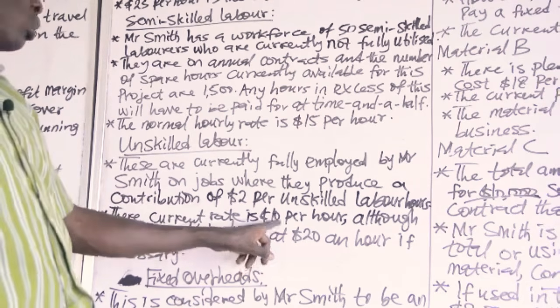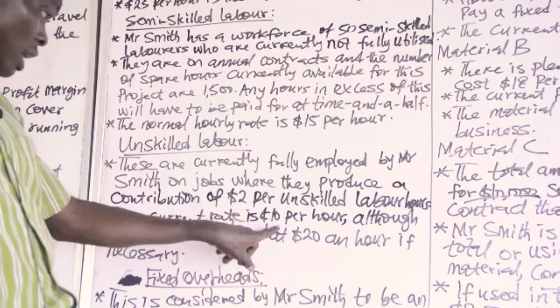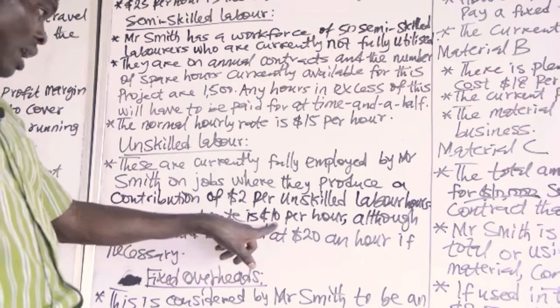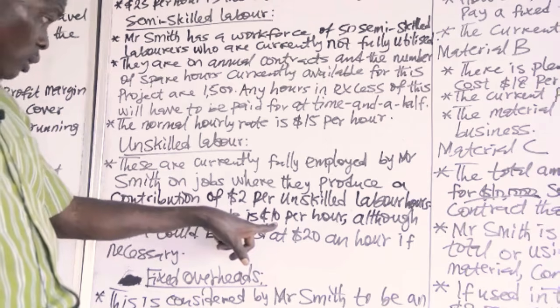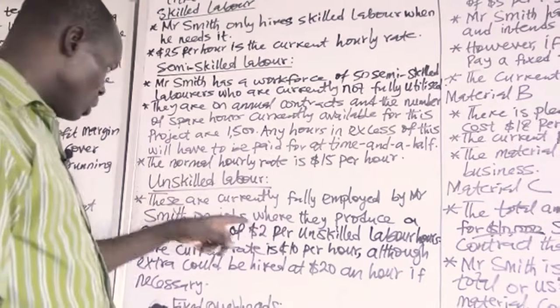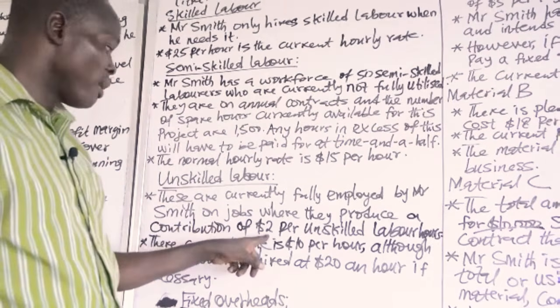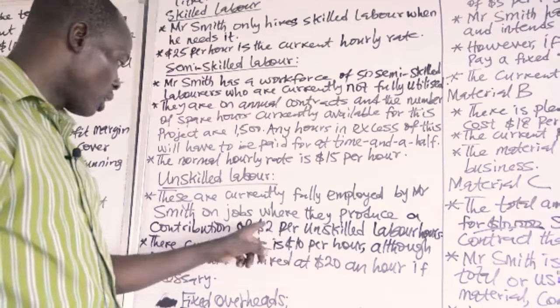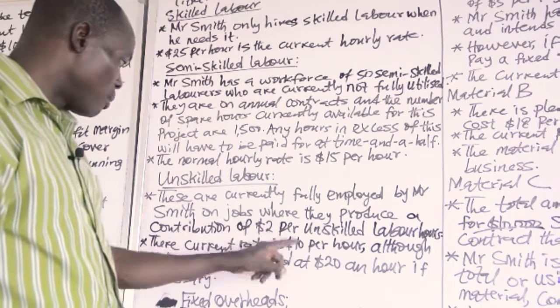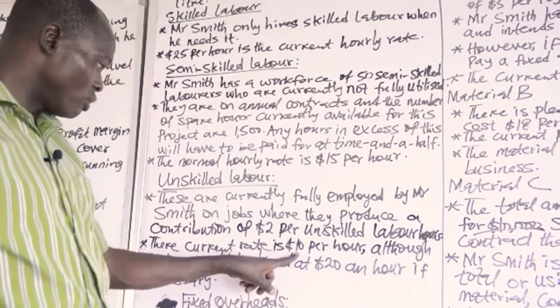So if you want to divert these workers to work on this contract, the $10 you will pay them per hour will be forgone. That is opportunity cost. The contribution of $2 you would have gotten from where they currently work will also be forgone. That means the opportunity cost is $2 contribution plus $10, making $12.